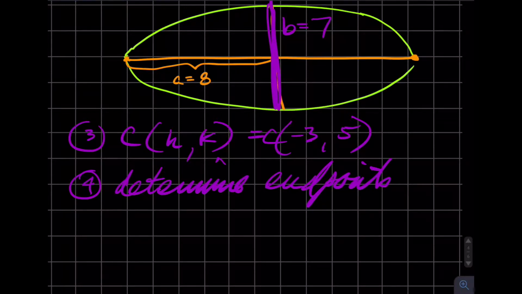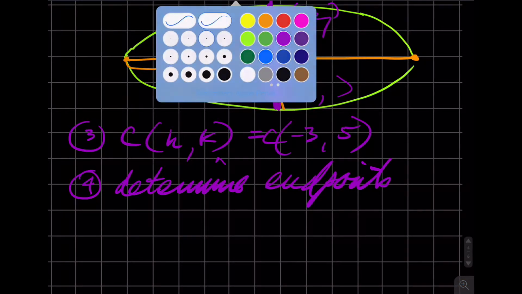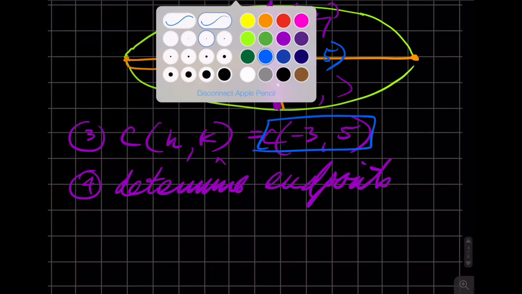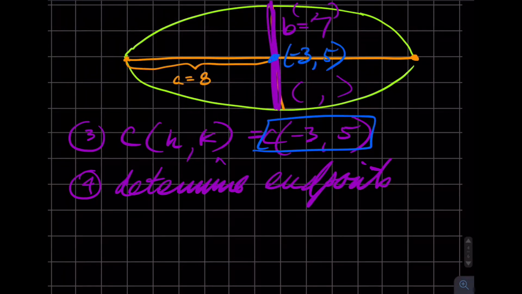So I have 4 endpoints. I have these 2 endpoints of the minor axis, and I have 2 endpoints of the major axis. So first of all, I'm going to write down the center point, I'll write it in blue, as -3, 5. And so my upper minor endpoint is going to be 7 units, B units, directly above that center point.